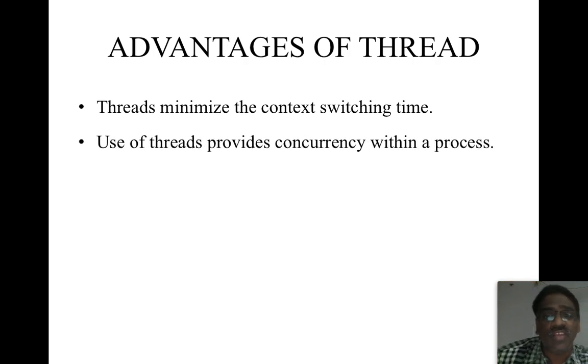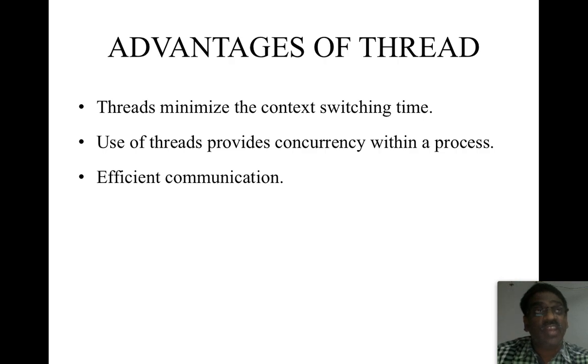Next, threads provide concurrency control within a process. Within a single program, a number of threads will be working. At that time, concurrency control and synchronization is mandatory, and that will be created automatically by the operating system.